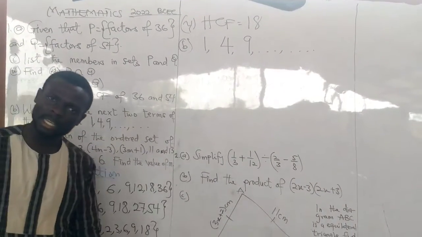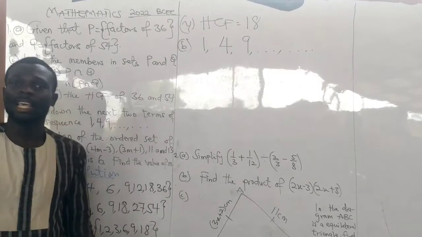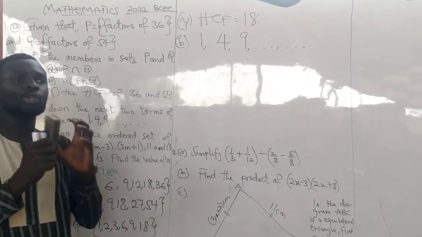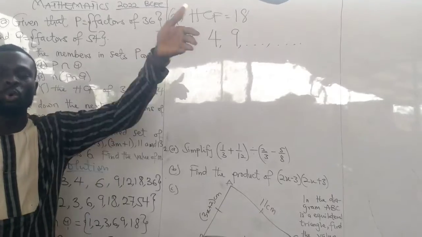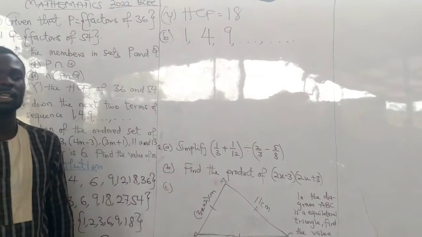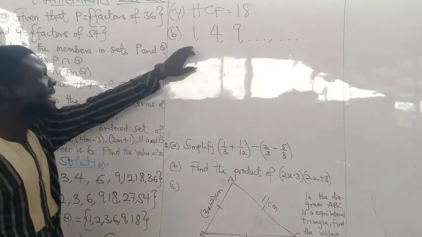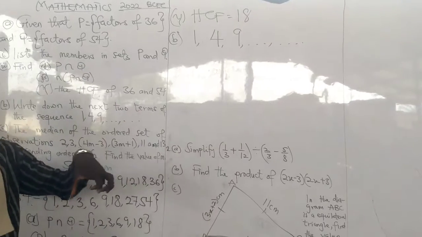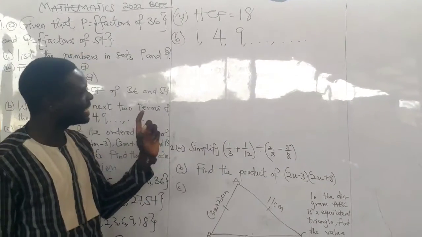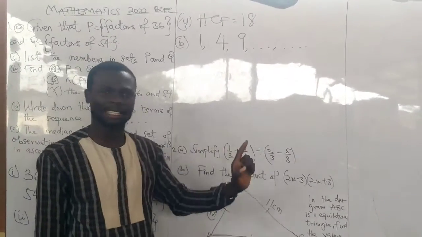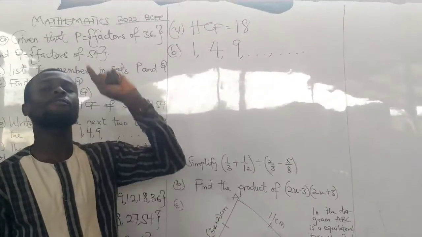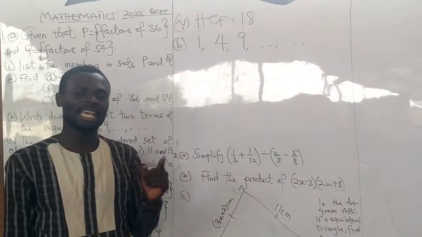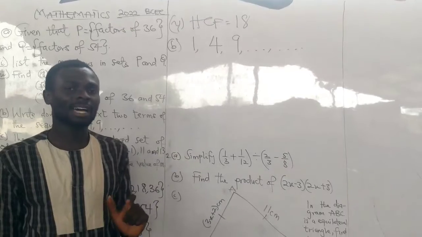Is it addition? Is it multiplication? Is it division? You should know the pattern or the rule the sequence is following. So if you look at this set of numbers, you can say that it is following a certain pattern, that is the square of counting numbers.